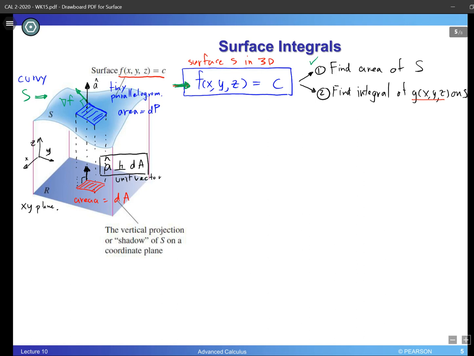Now we are going to call this angle between a hat and gradient of f as rho. We are going to call this angle right here rho, which is the angle between gradient of f and a hat. Alright, now that is the relationship between gradient of f and a hat.